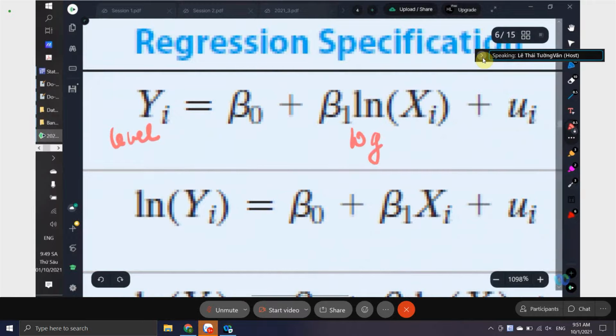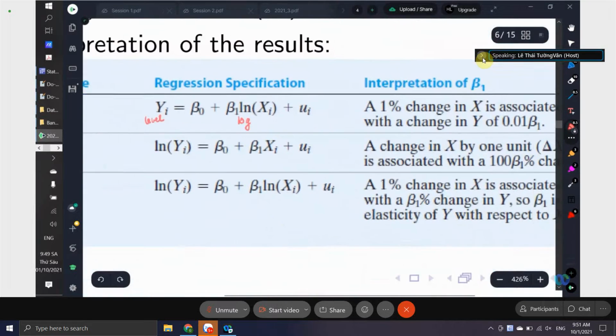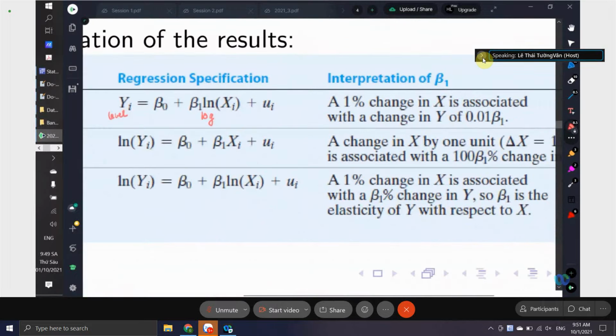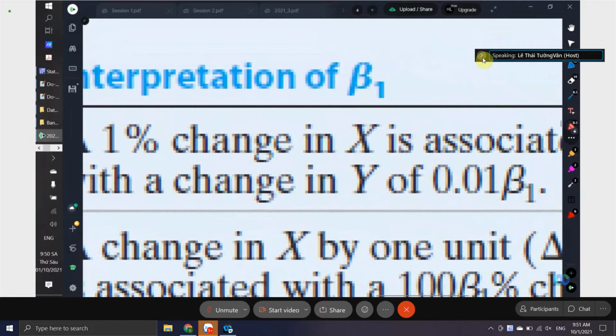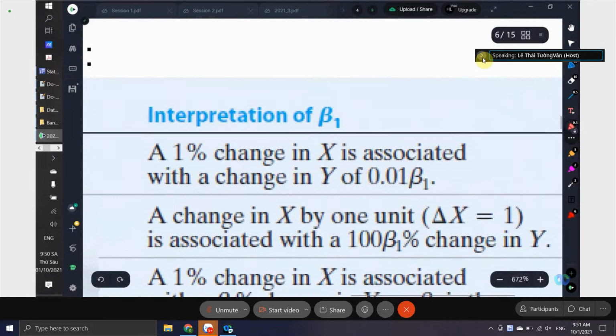And on the right hand side you have log, right? The interpretation is that 1% change in X is associated with 0.01 unit change in Y, as we discussed yesterday. And why is that the case? Let me show you.